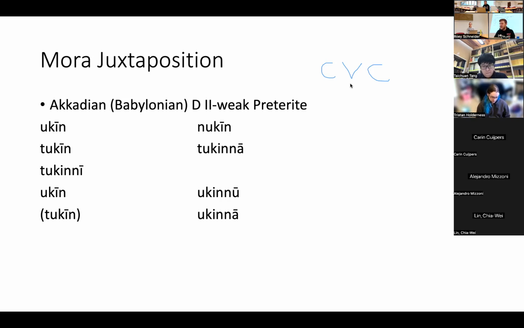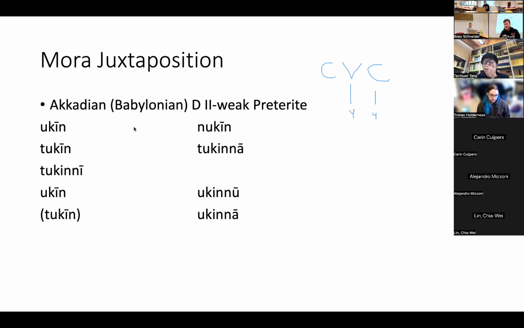So what counts as a mora here is the vowel, first and foremost, and in Semitic languages, also the consonant, the coda. So in a syllable that has one vowel or a short vowel and one consonant in the end, it has two moras.